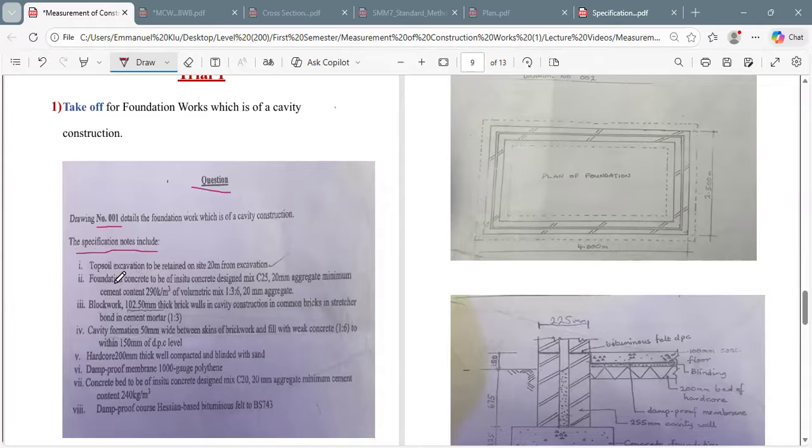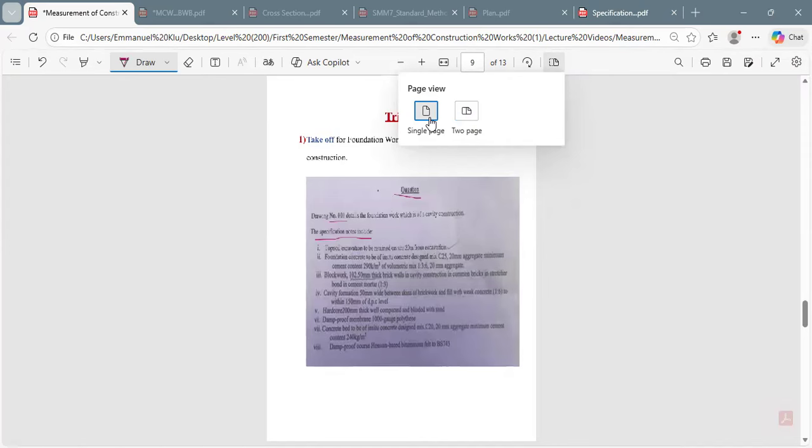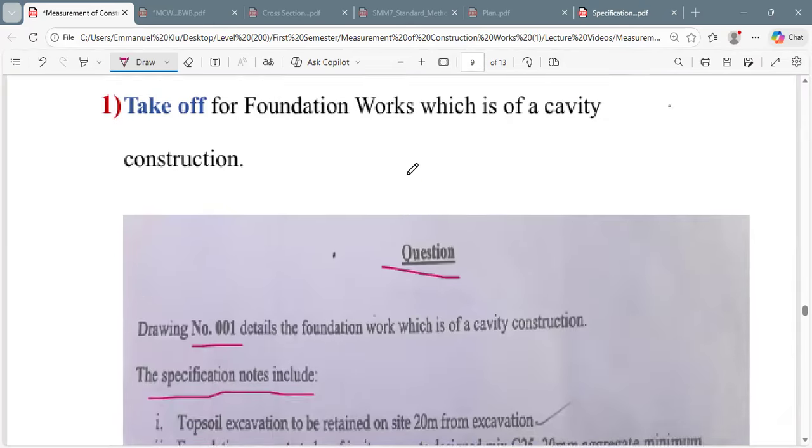Section 2 says foundation concrete to be of institute concrete design mix C25, 20 aggregate minimum, cement content 290 kg per meter cube of volumetric mix 1:3:6, 20 aggregate.